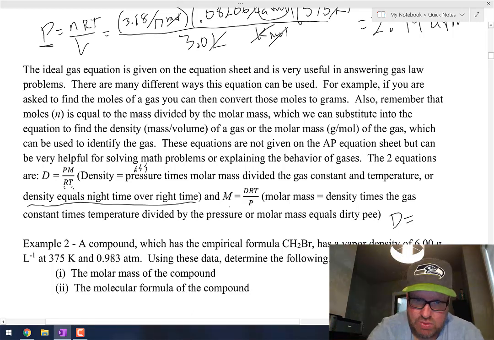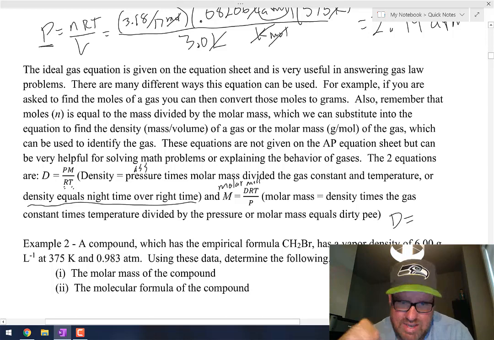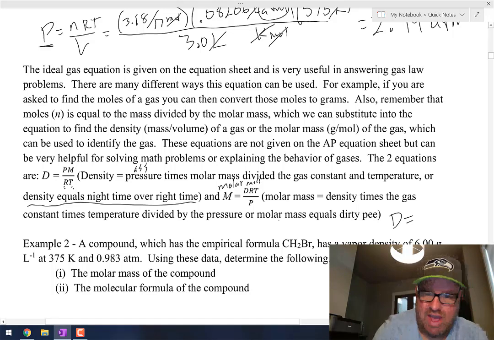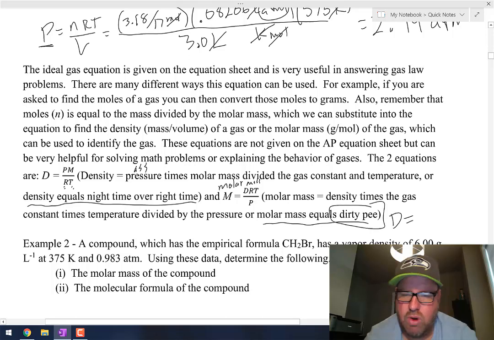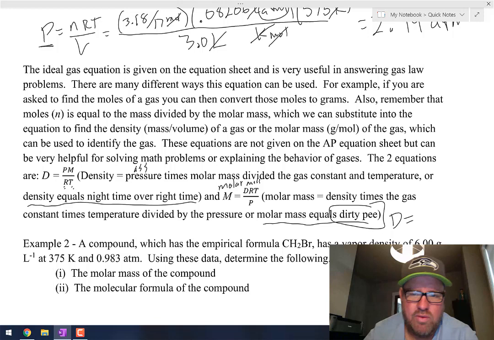And then for this one, capital M, which is molar mass, just like in the other equation, molar mass is equal to the density times the gas constant R times the temperature divided by the pressure. Or I think of it as molar mass equals dirty, DRT, and then P on the bottom, so dirty P. So molar mass is the dirty P equation, and the density equation is nighttime over right time.